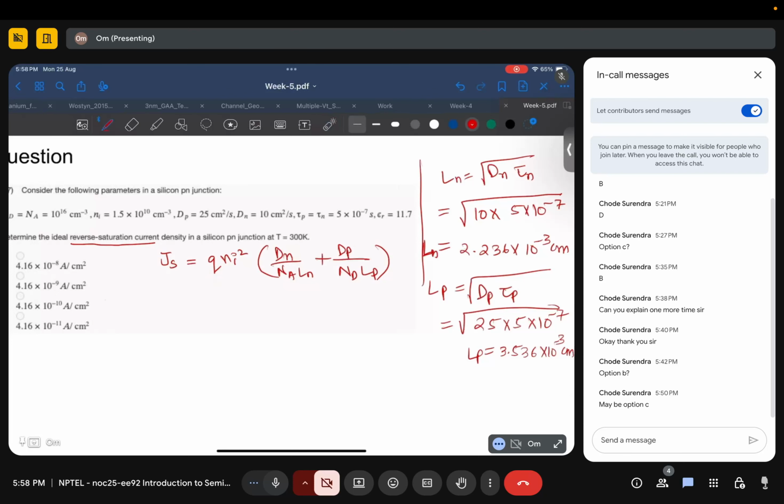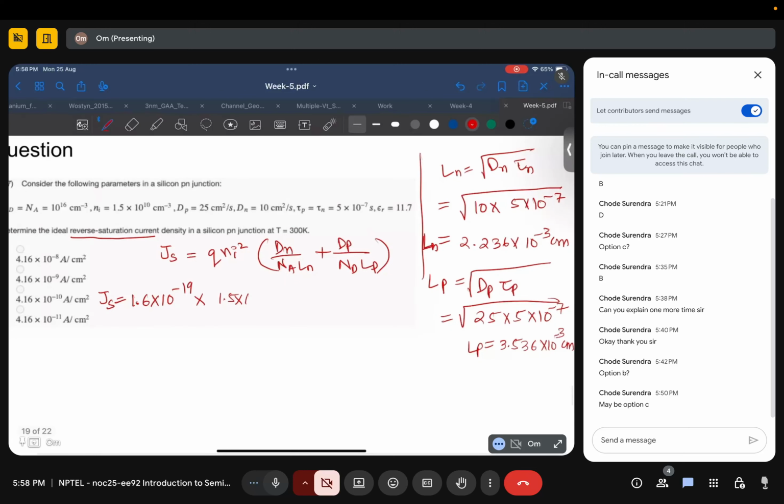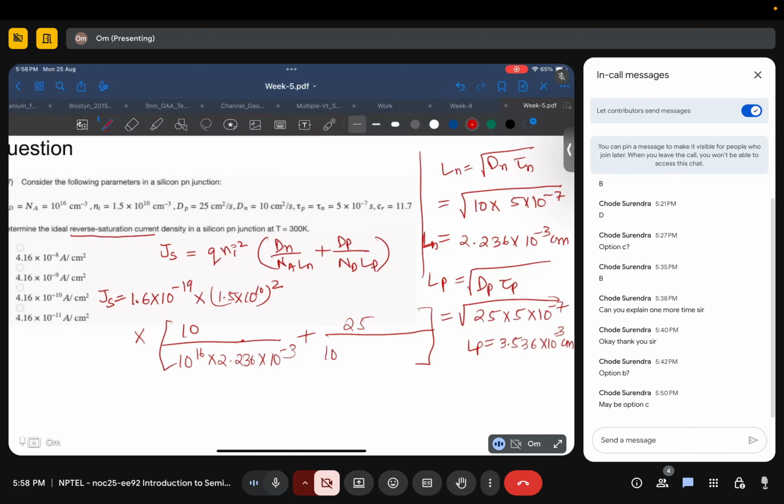If I substitute now, Js will be equal to 1.6 into 10 to the power minus 19 into Ni square, which is 1.5 into 10 to the power 10 whole square, into Dn is 10 upon Na is 10 to the power 16 into 2.236 into 10 to the power minus 3 Ln, plus 25 Dp upon Nd is again 10 to the power 16, Lp is 3.536 into 10 to the power minus 3.